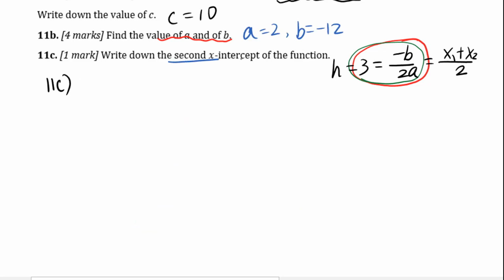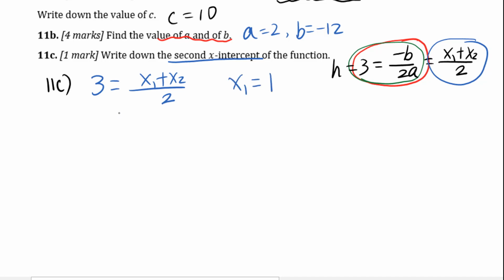Let's go to 11c. Write down the second x-intercept of the function. We got to use this formula. We know h equals 3. So 3 equals x1 plus x2 over 2. We are given x1 equals 1.